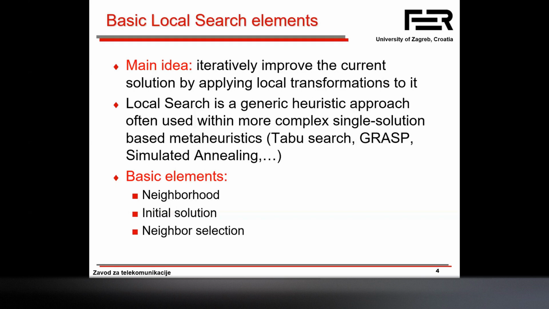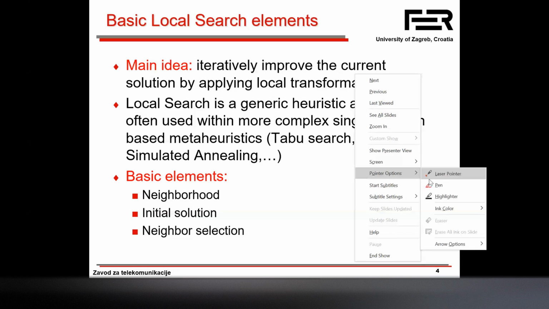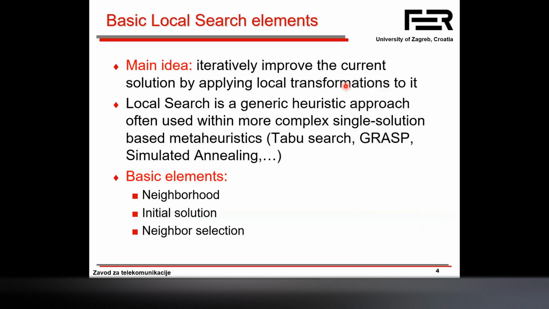Here, when we talk about local search, we assume we have some kind of an initial solution, or we obtain an initial solution, for example, either randomly or using some kind of a greedy heuristic, and then iteratively try to improve that solution. What we need to define is how are we going to improve the solution? So what are these local transformations that we're referring to here? How many of these potential solutions are there, and how we're going to select a potentially new solution and advance the search.